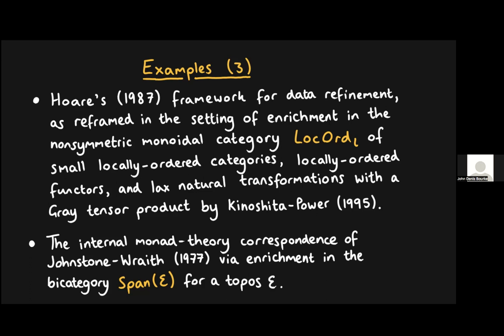So if we enrich in the bicategory of spans in E, then we can recover the internal monad theory correspondence. So this is sort of the main motivation for bicategory enrichment. We can capture internal monad theory correspondences.